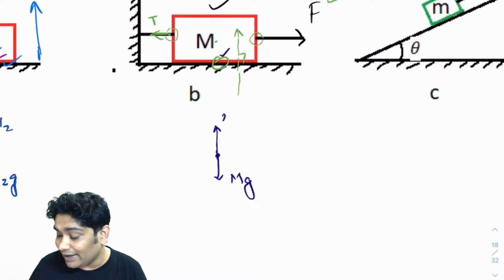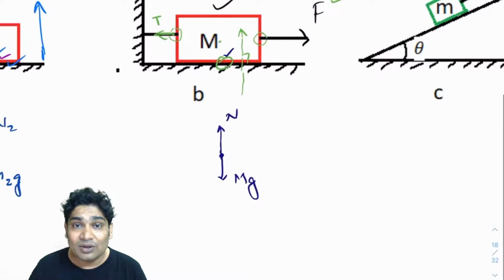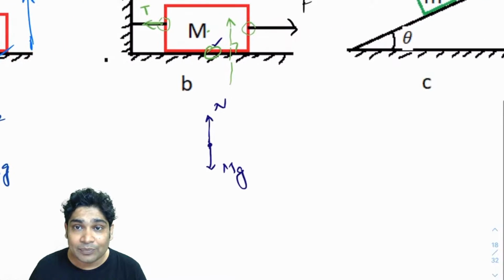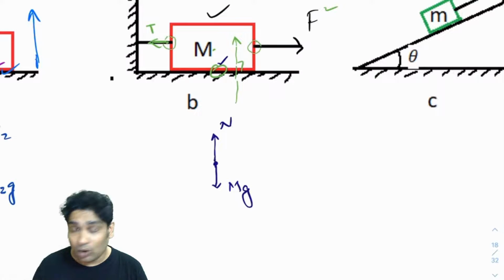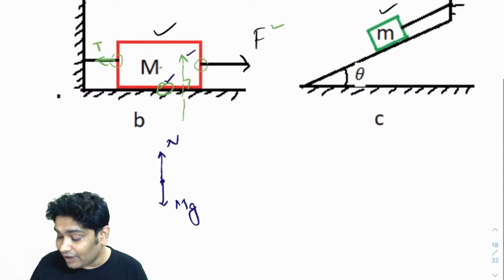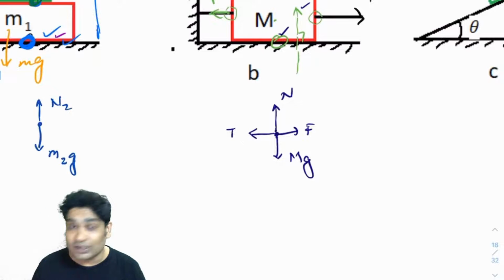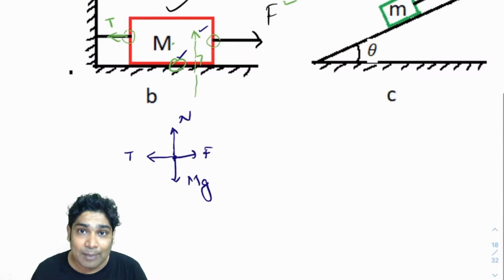When we had more than one N, then we write N1, N2, and N3. So N would be upwards, along this direction, pushing it upwards. Next, you will have F, which would be in this direction, and finally you will have a T, tension force, in this direction. So this is the FBD of capital M.